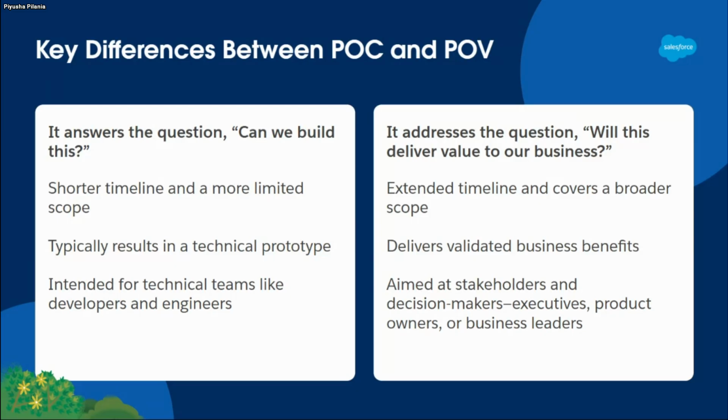A POV is aimed at your stakeholders, decision makers, executives, product owners, and product leaders, and they all need to understand whether the solution aligns with their business goals or justifies the investment. There are a multitude of things we can talk about, but these are the main differences between these two.